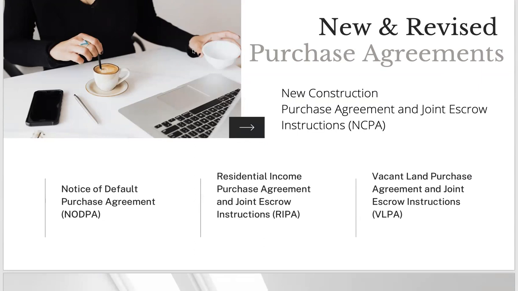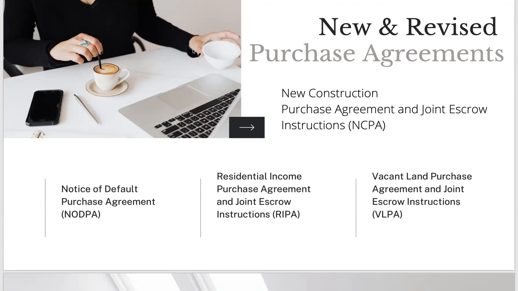So when you get into those forms, everything is pretty self-explanatory, but make sure you are reading everything and marking everything appropriately for your client. So one is new, like I mentioned, and 6 are revised.